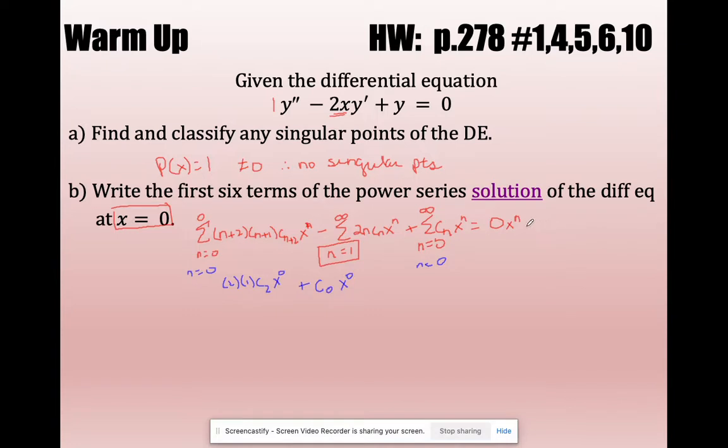And over here, I have a plus 0 x to the 0. So I'm going to equate those and say that I have 2c2 plus c0 is equal to 0. Therefore, c sub 2 is equal to negative 1/2 c sub 0.